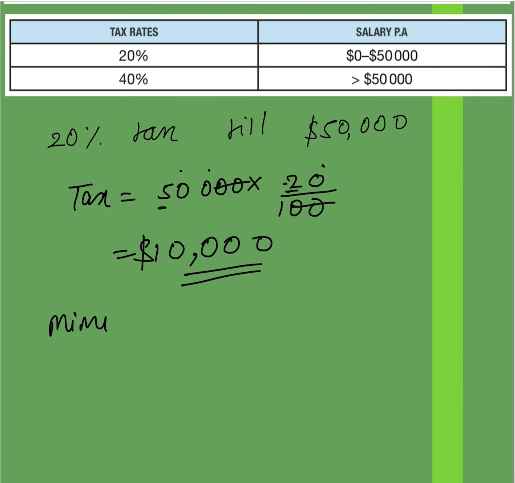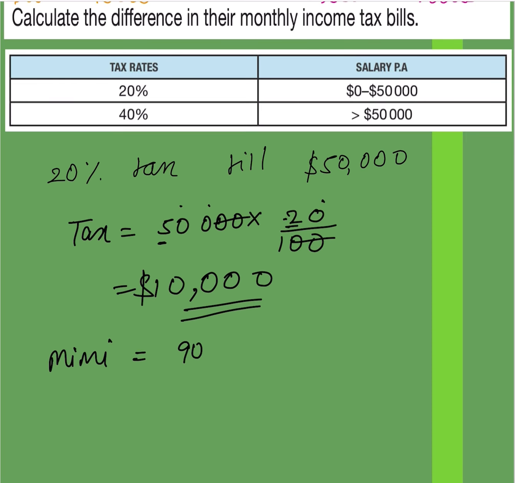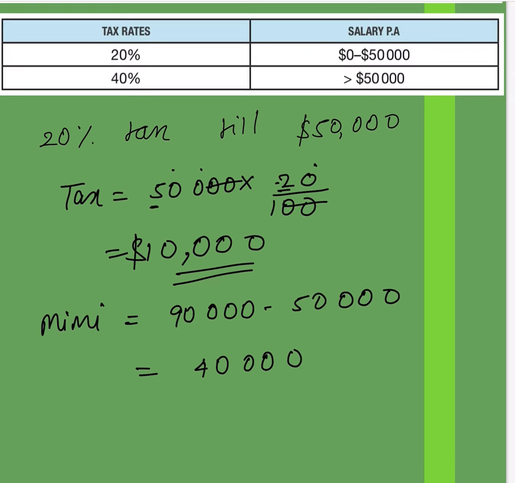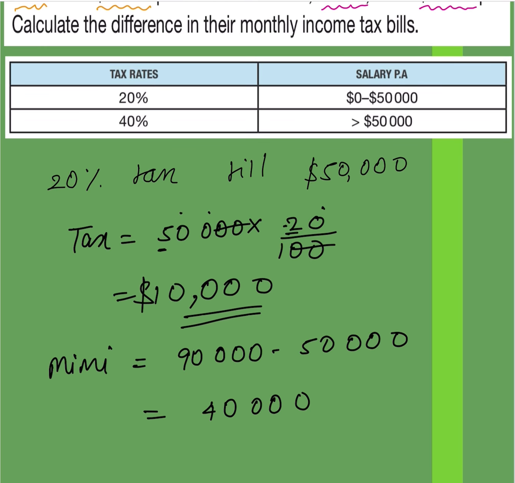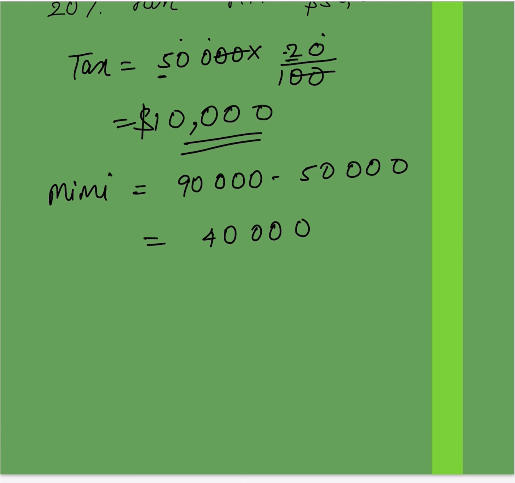Now for Mimi, how much money is left? 90,000 minus 50,000, because this particular amount has already been used to calculate the 20% tax bracket. So Mimi is left with $40,000. Now this $40,000 will be calculated on a 40% tax bracket.